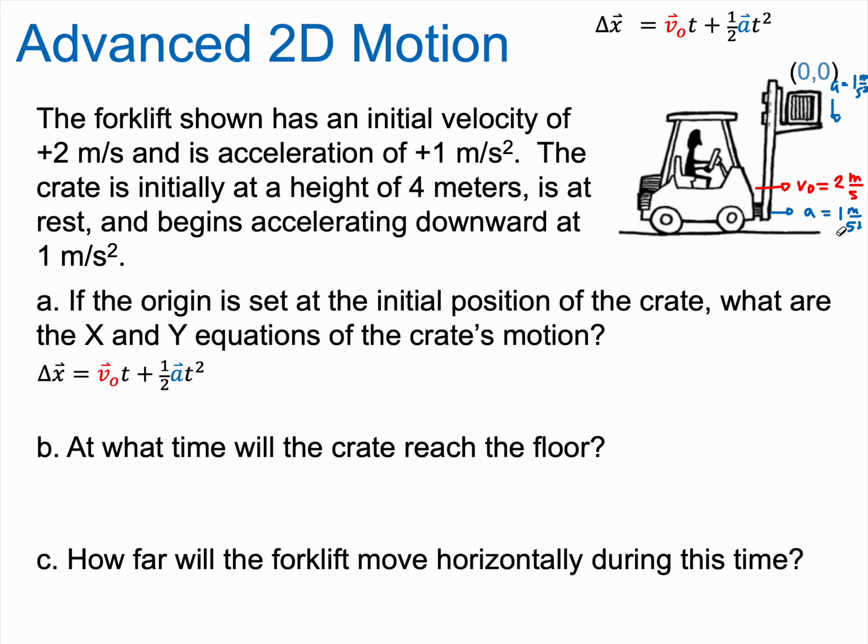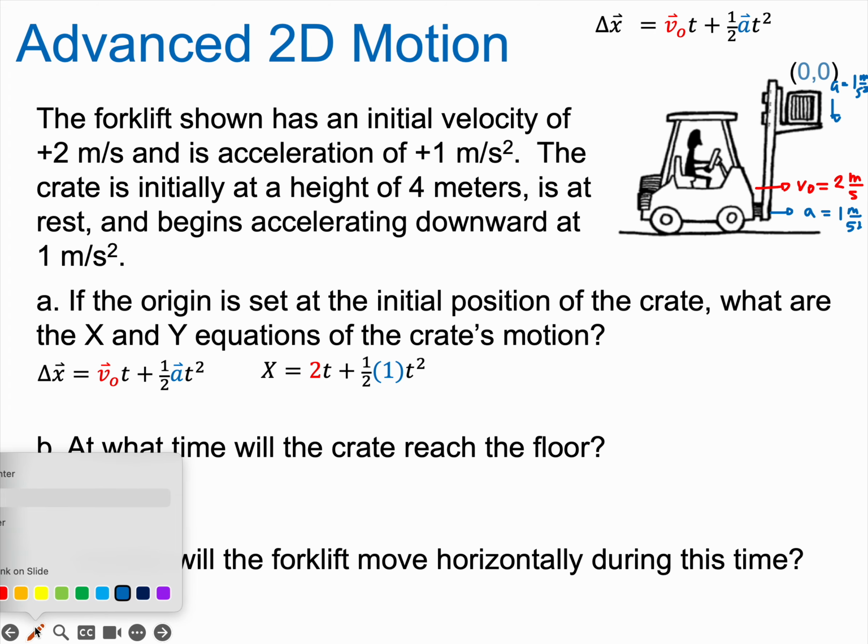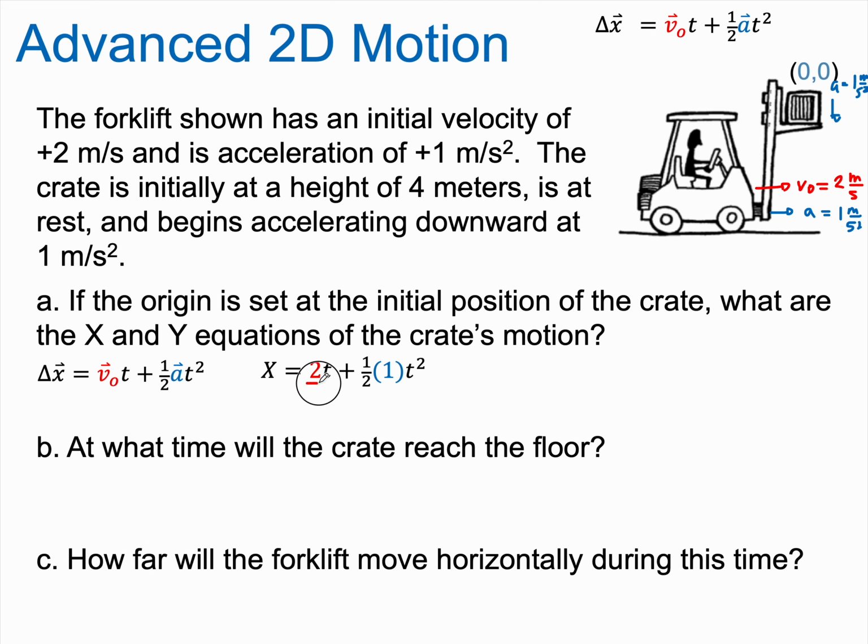Starting with that equation, for the x position, the initial velocity is going to be 2 meters per second, and the acceleration in the horizontal direction is 1. So our equation becomes simply that. How about the y direction?